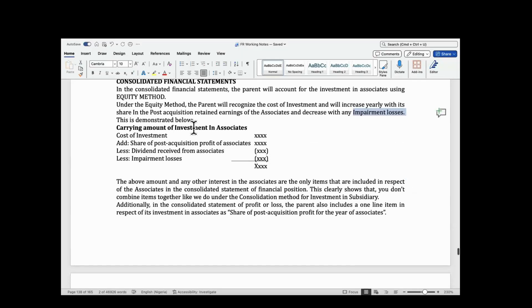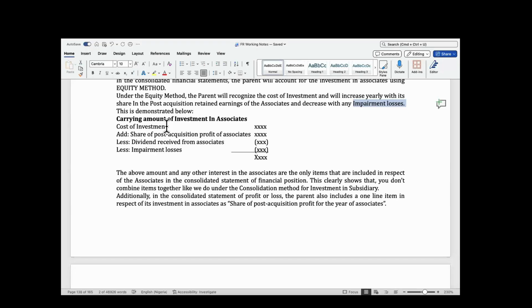So the summary of it is that in a consolidated account, we don't consolidate associates. All we do is to present a separate line item. We call that item the carrying amount of investment in associates. And all you are doing is that to the cost of your investment, you add your share of profits.